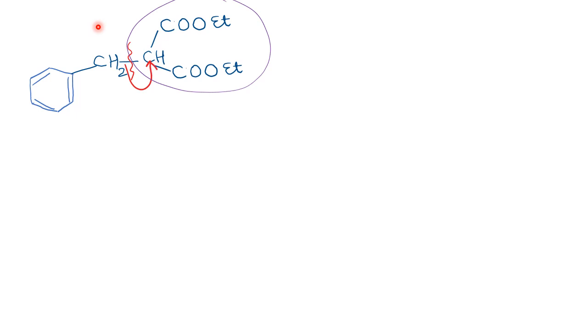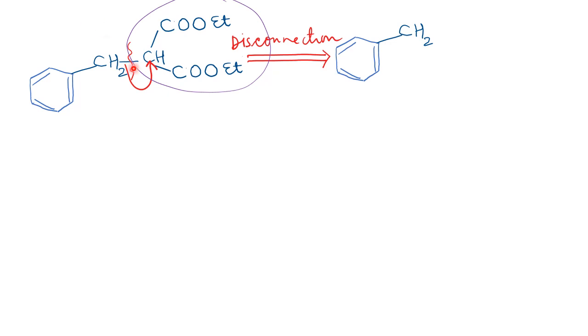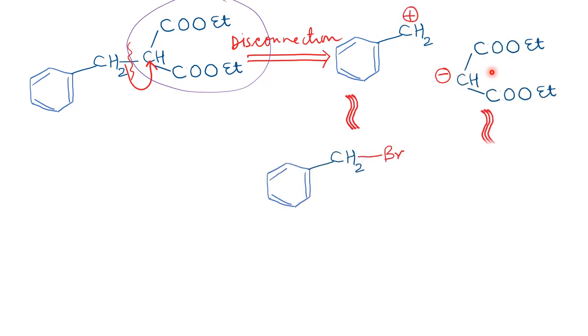We are going to get the two fragments, and what I have done is given the electron density towards this CH, so the benzyl part will be getting the positive charge, and the other diethyl malonate part will be getting the minus charge.